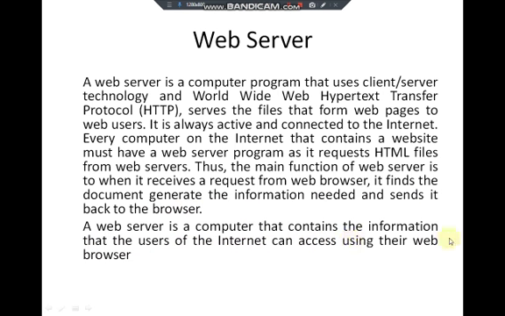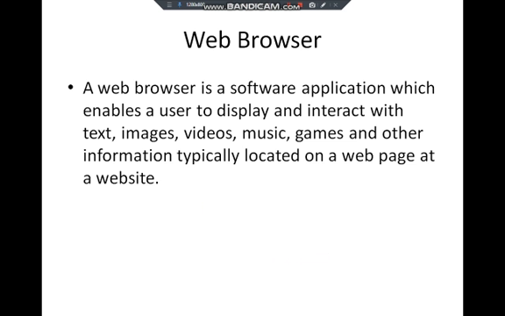Internet Explorer is one of the very common and it is designed by Microsoft. So in Microsoft Office it is the inbuilt browser. Google Chrome, Mozilla Firefox, Opera, Apple Safari and Netscape Navigator. These are very common, very popular web browsers.